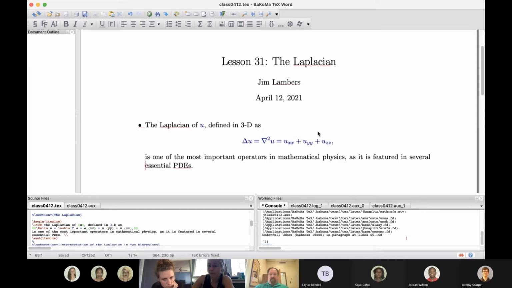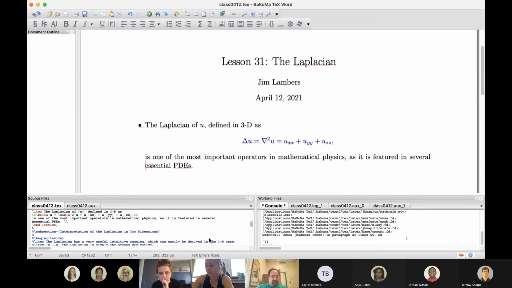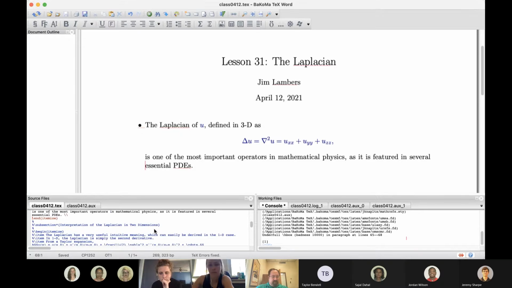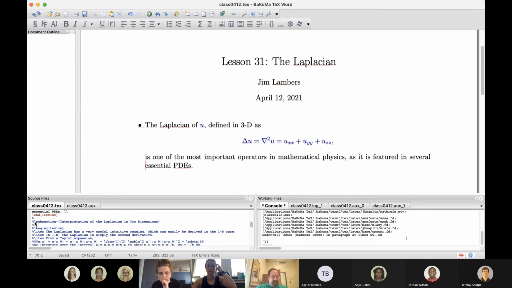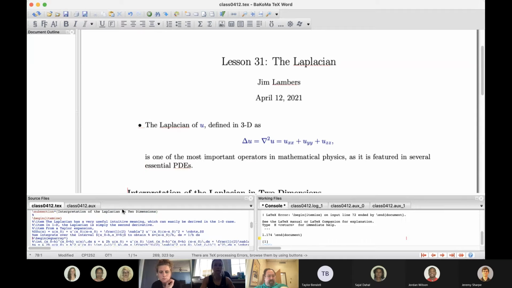So uxx plus uyy plus uzz. And it's a very important operator just because it comes up in all of the essential PDEs, elliptic, hyperbolic, or parabolic. So one thing I'll talk about today is how to interpret it.